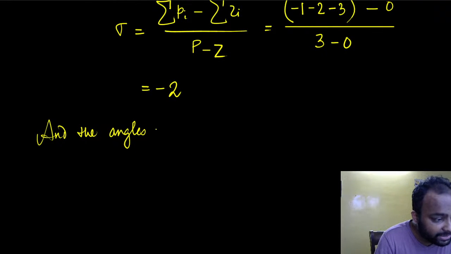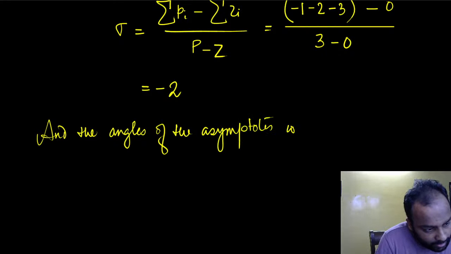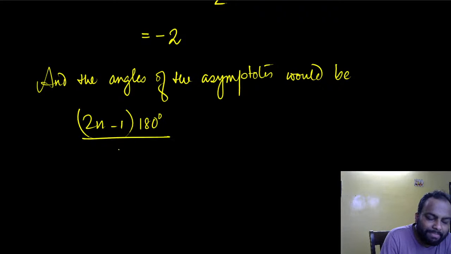And the angles of the asymptotes would be 2n minus 1 times 180 degrees divided by P minus Z. That's the total number of open loop poles minus the total number of open loop zeros, so that's 3 here.